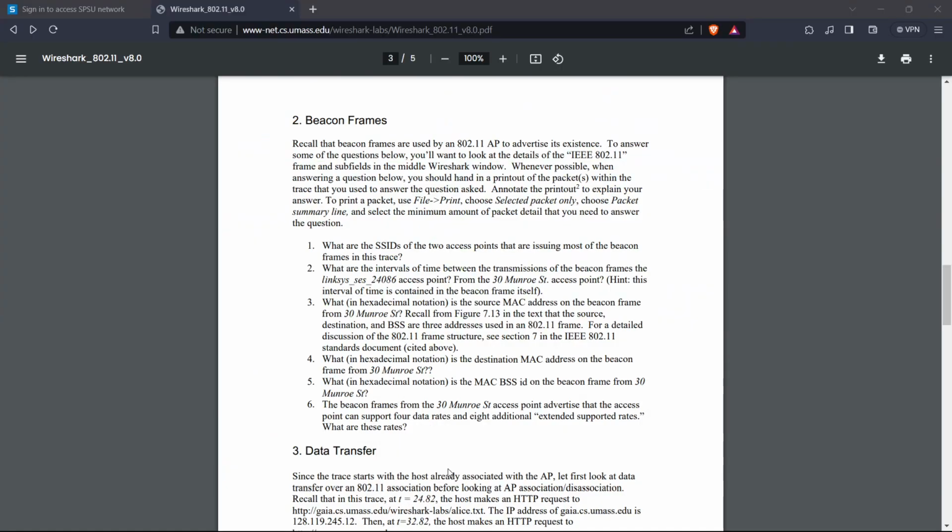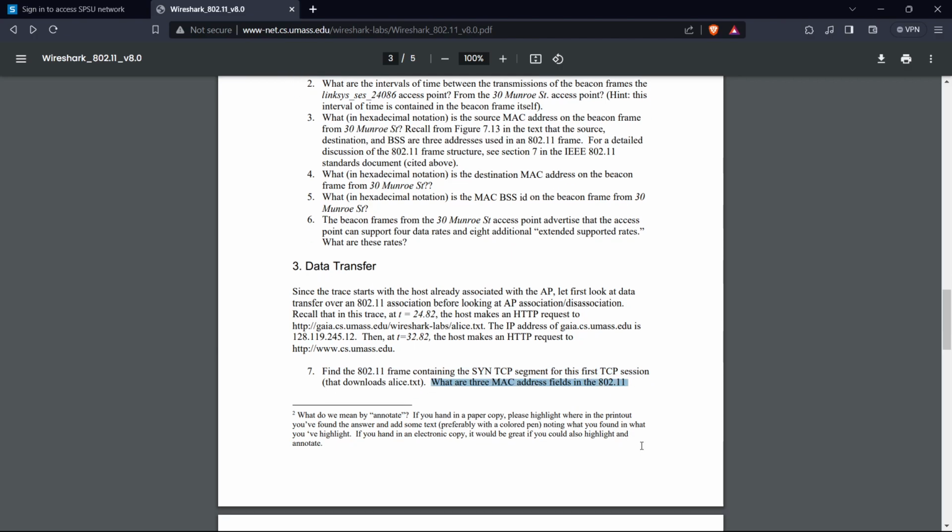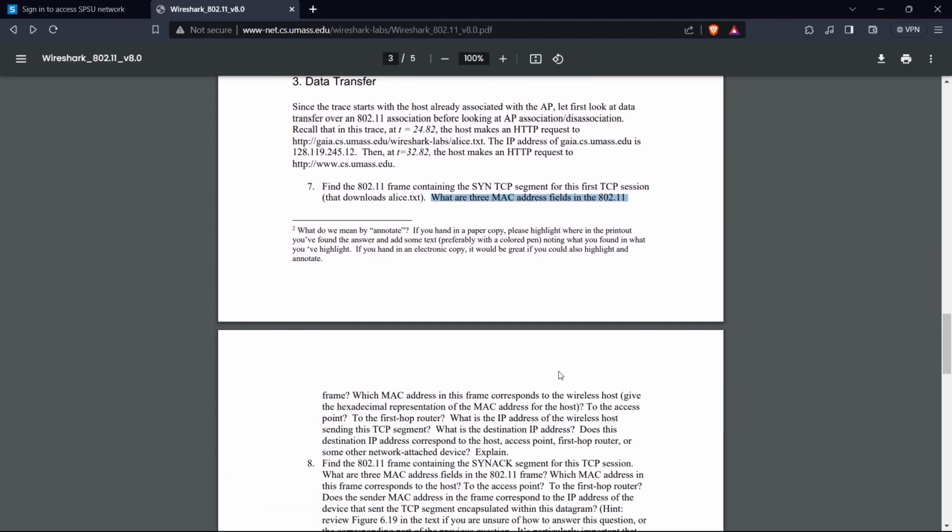The next question is about data transfer. In this trace file, the host is already associated with the AP. The next question is, find the 802.11 frame containing the SYN TCP segment from the first TCP session. What are the three MAC address fields in the 802.11 frame?